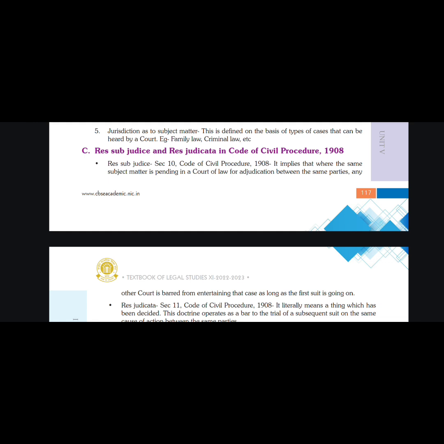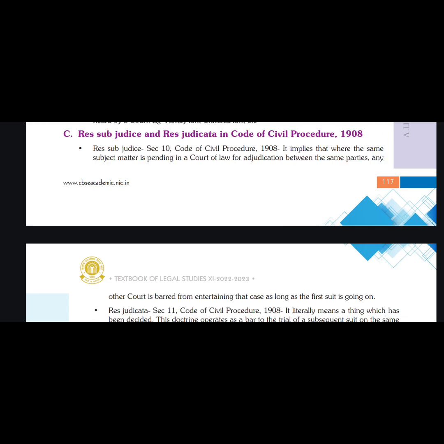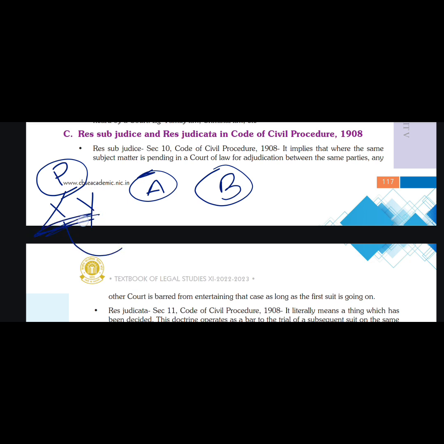Res sub judice. Now, suppose there is this court A and this court B. Two parties, X and Y, have a dispute over a property, say P, and these parties have already filed their case related to this property in court A. Now, as you know, cases in India take long durations.